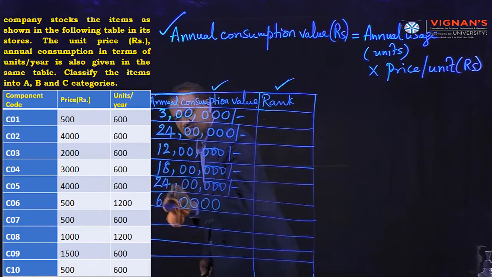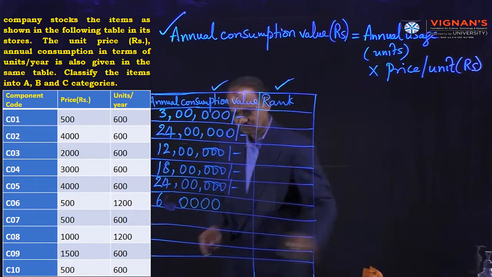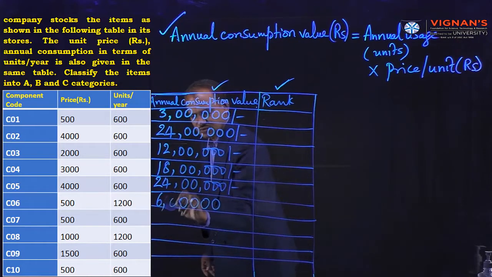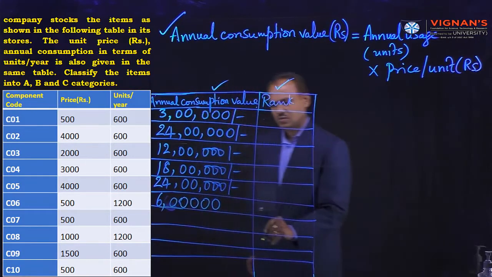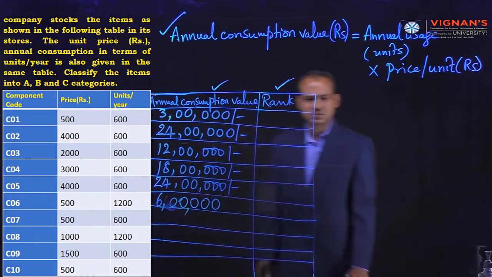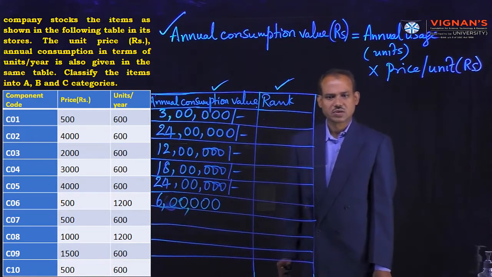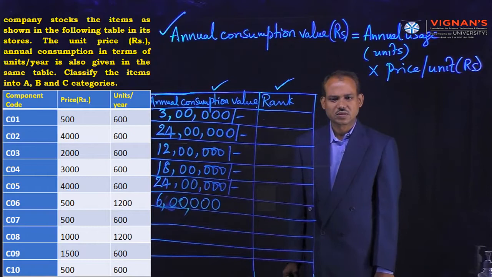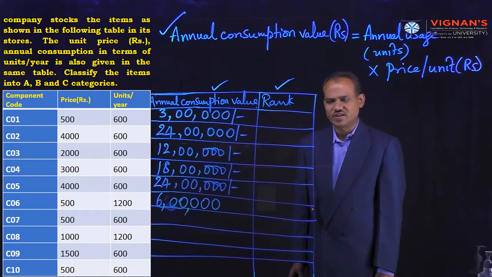Not 60 lakhs, 6 lakhs. 60 into 10 to the power 4, that means 6 lakhs, right.